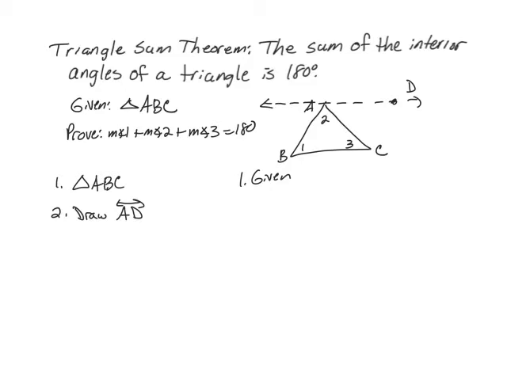The requirement here is I'm drawing AD so that it's parallel to BC. The reason I can do that is the parallel postulate from the other day. The parallel postulate states for any point not on a line, there's exactly one line that can be drawn through that point parallel to the given line. So that lets me do that.